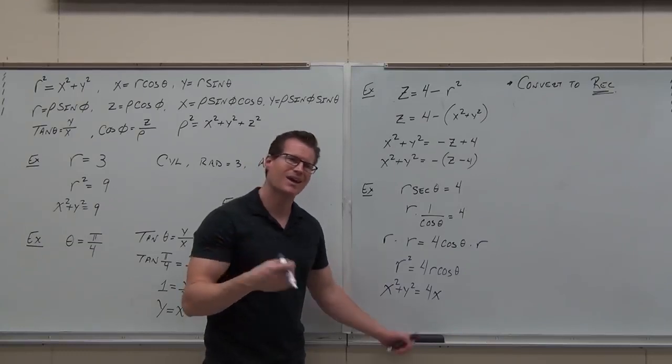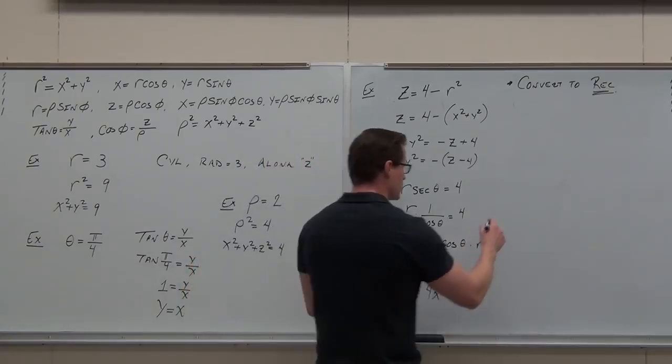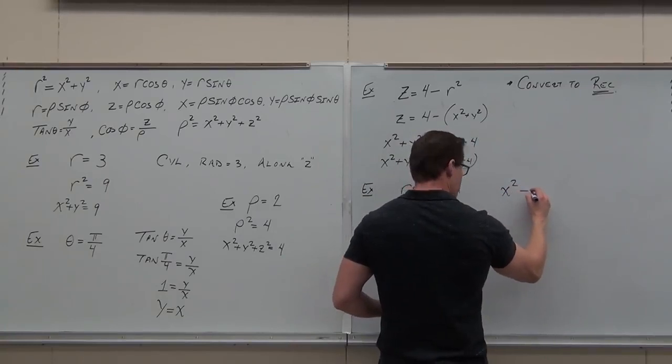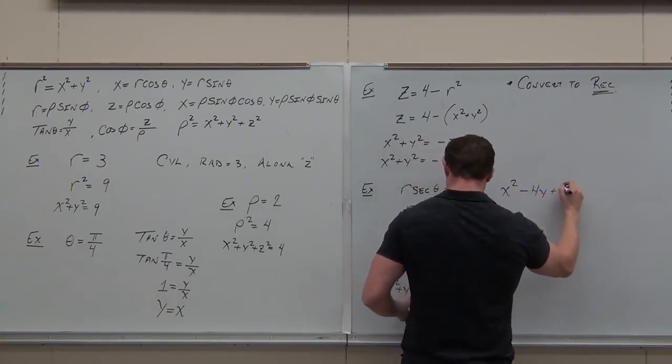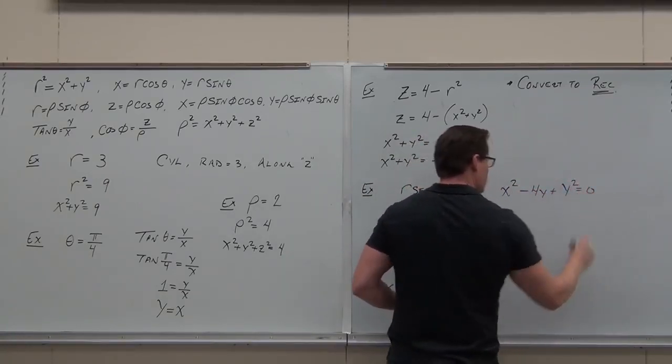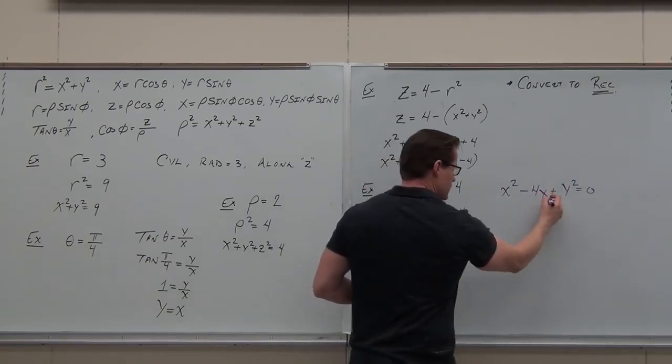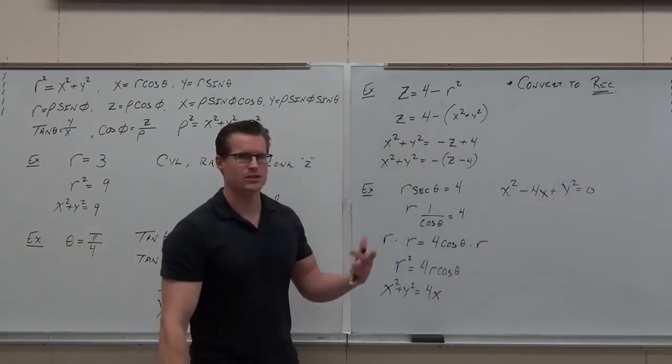Now, what's it look like? That takes a little bit more math magic here. So we do things like x squared minus 4x plus y squared. We do things like complete the square.